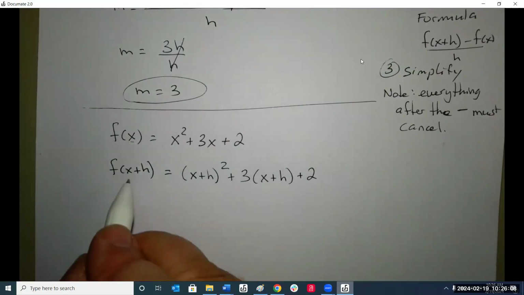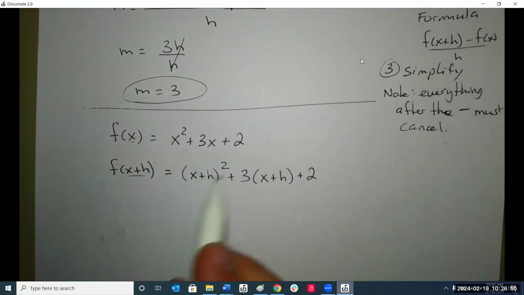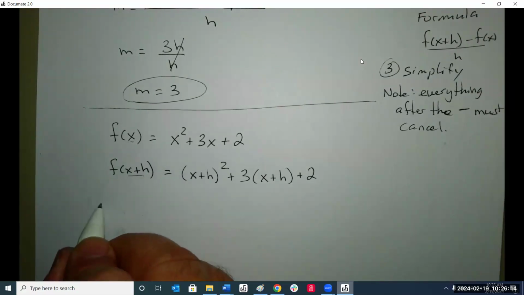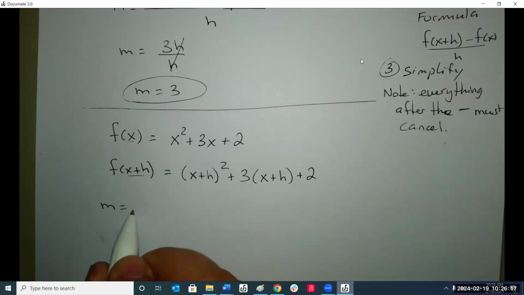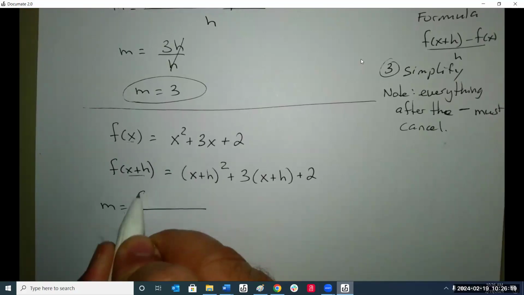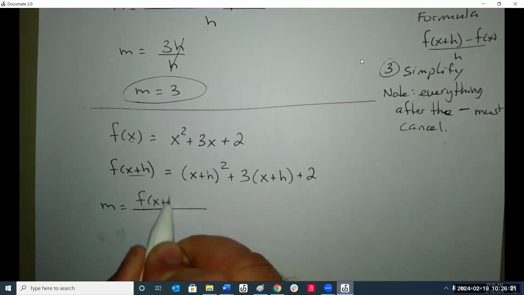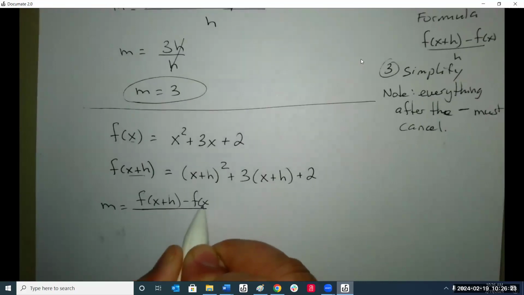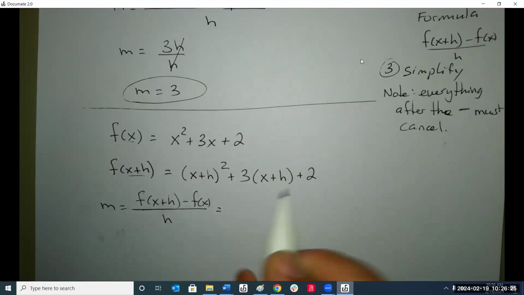I plug it in the formula: f of x plus h minus f of x over h.